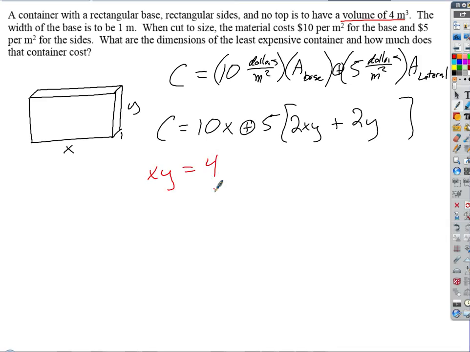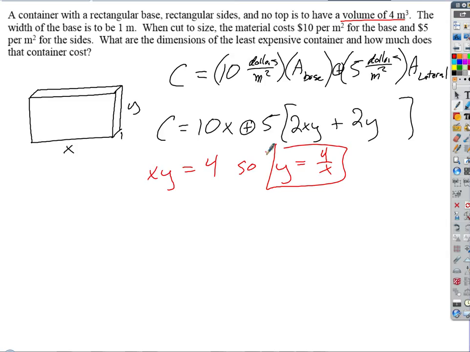Now be smart, or does it even matter? Which one are we going to substitute for? It doesn't really matter this time. So how about if we solve for y? Y equals 4 over x, and we'll make that substitution.